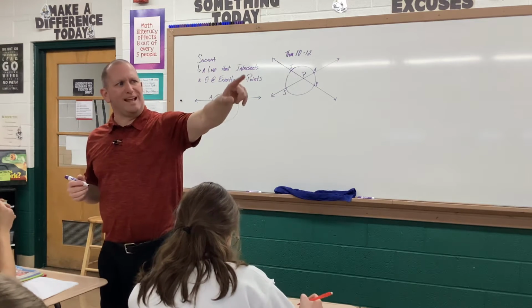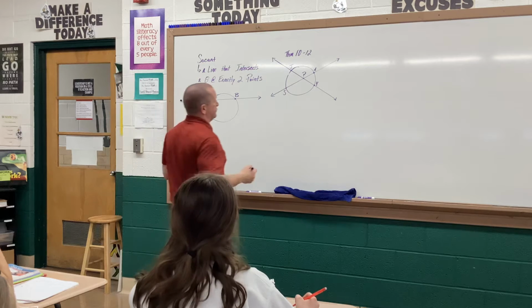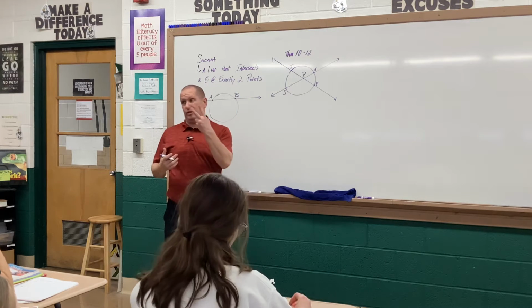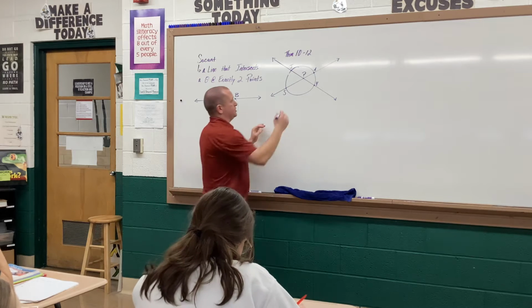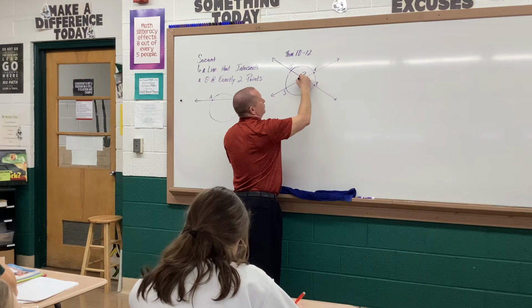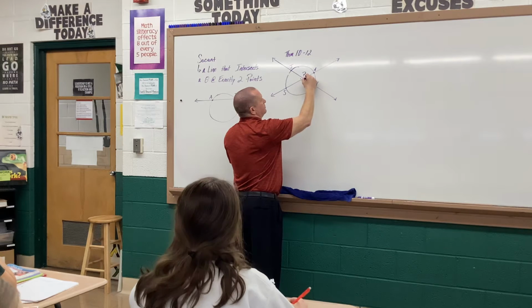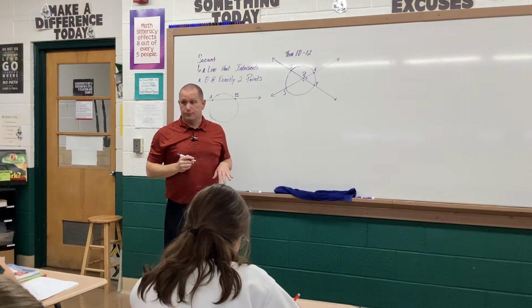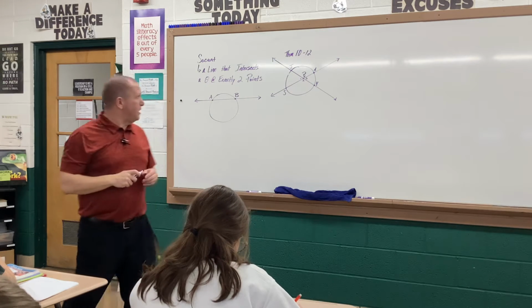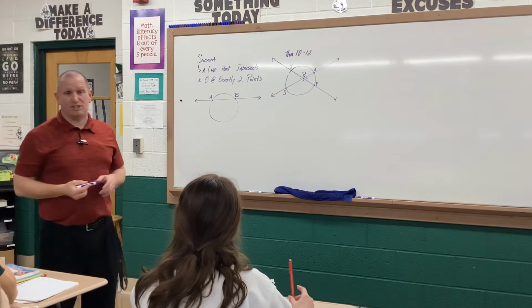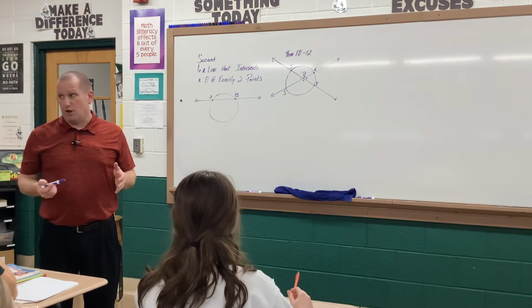The measure of the angle formed. You see the angle that they're talking about? We could be talking about two different angles. P is the point, but I'm going to name the angles with numbers so we can be more exact. So I'm going to name 1, 2, 3, 4. What would you say is true about 1 and 3? They're vertical angles, and then obviously 2 and 4 are also, right?